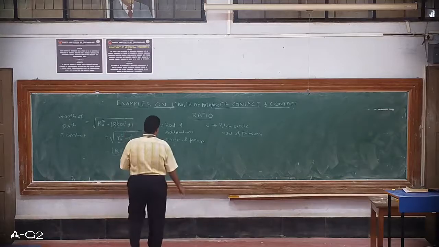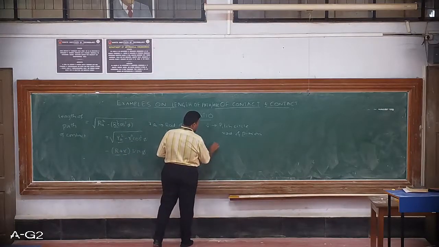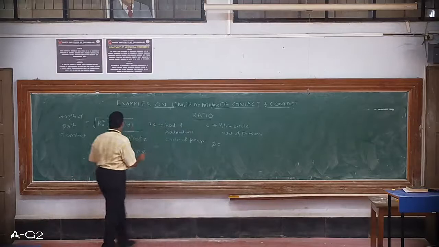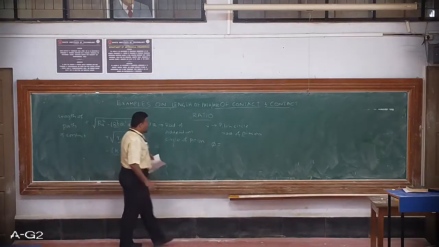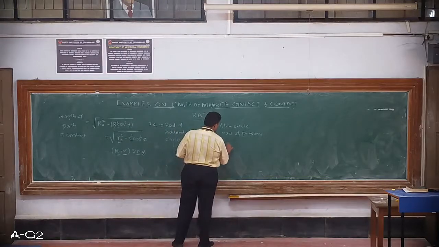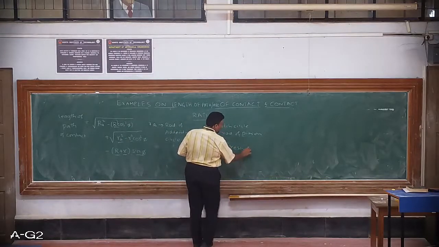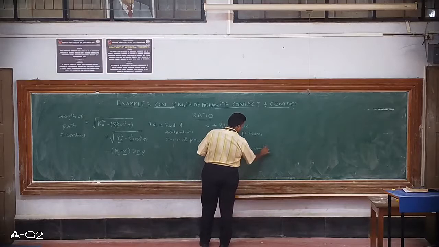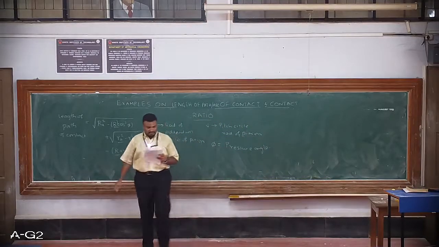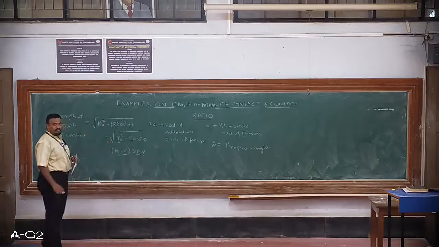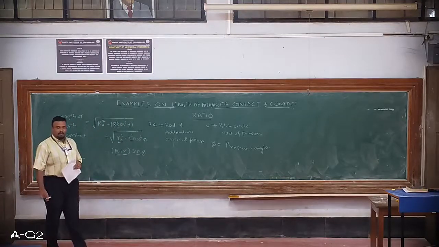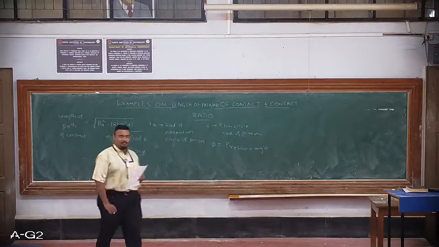And this angle phi which is there in this equation. So you have cos square phi, here also cos square phi, and here sin phi. So this phi is the pressure angle. Clear? So with this equation you can get the length of the path of contact. I have already seen what this path of contact is.